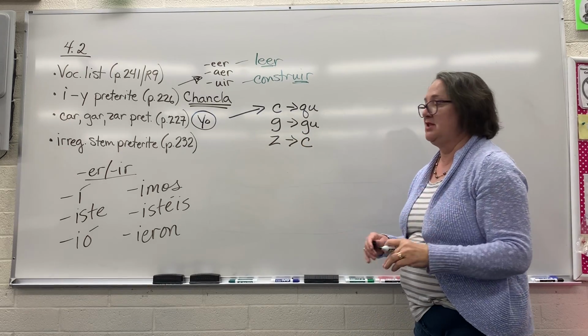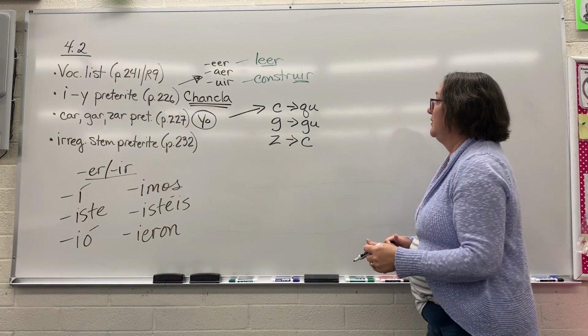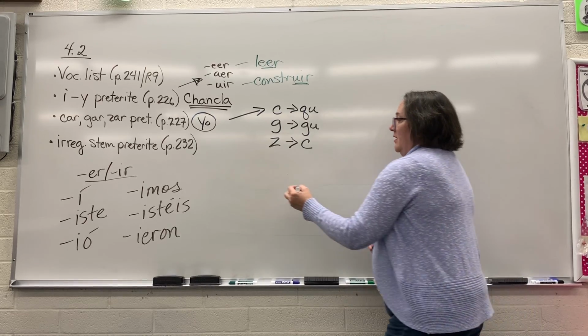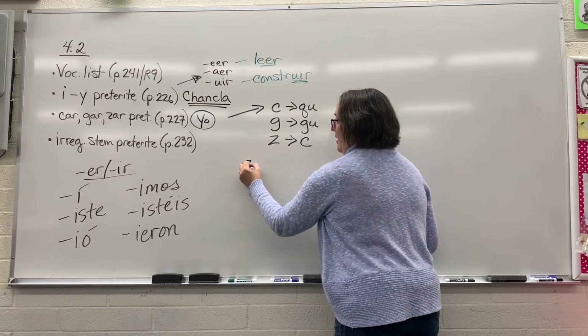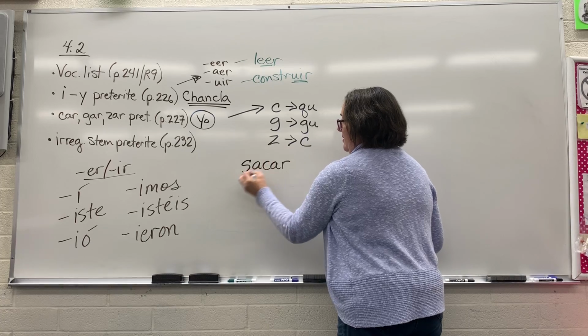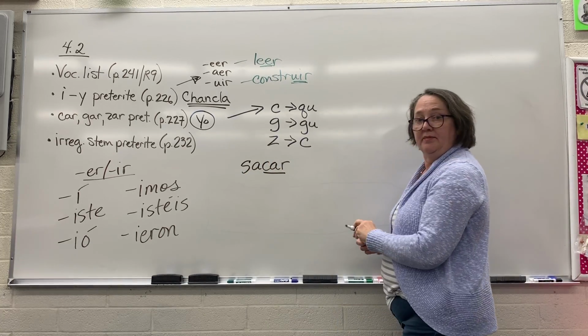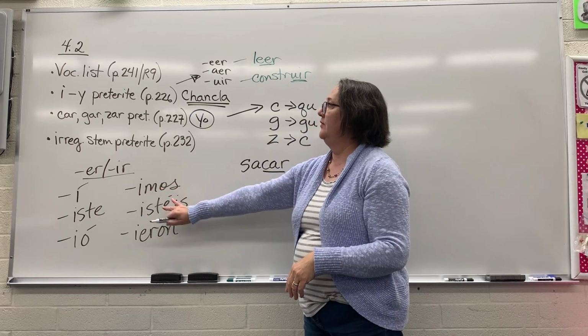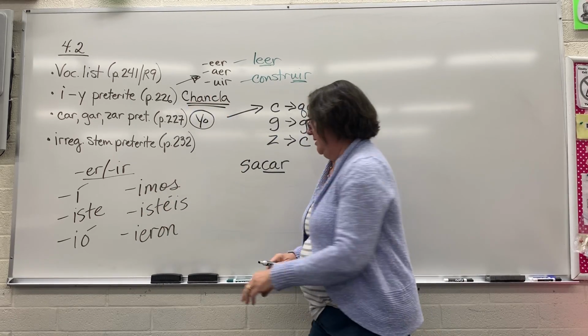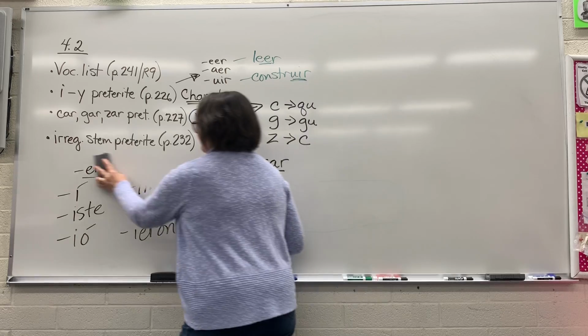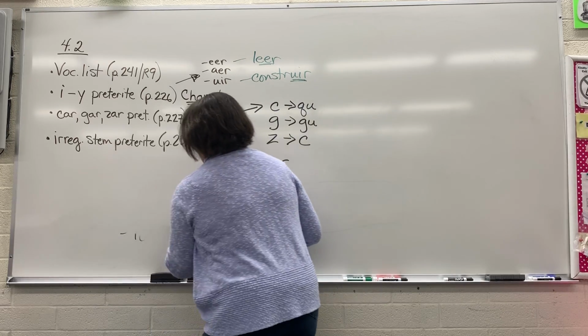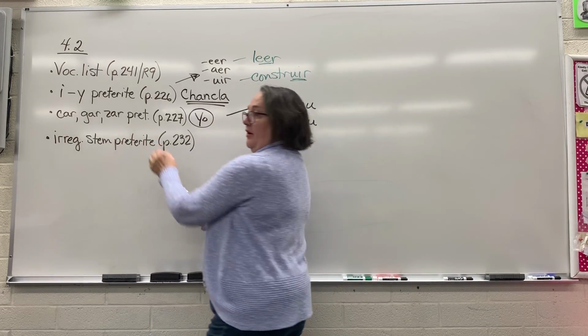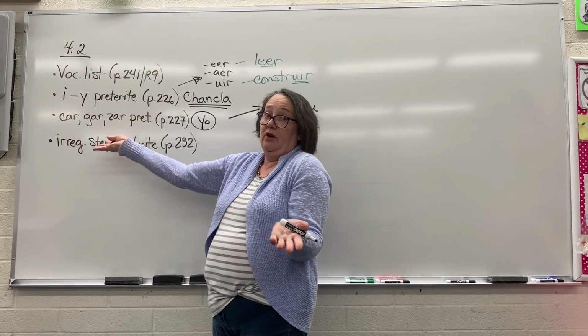Now, I know that doesn't make much sense right now, but let me give you an example of each one of those. All right, so let's take sacar. Sacar ends in car, right? Now, you know how we were using ER, IR verbs for the chancla verbs? For the car-gar-zars, they're all AR verbs.